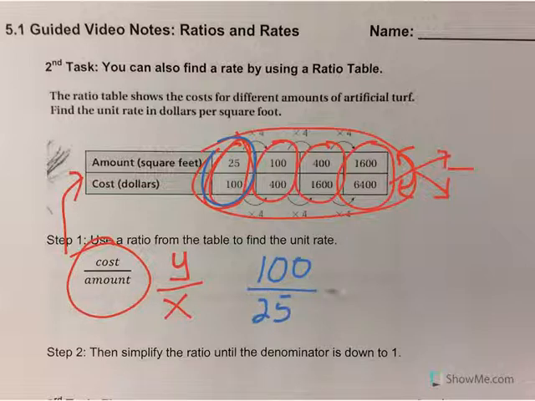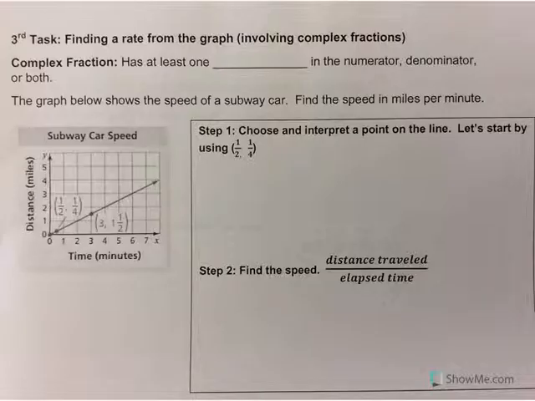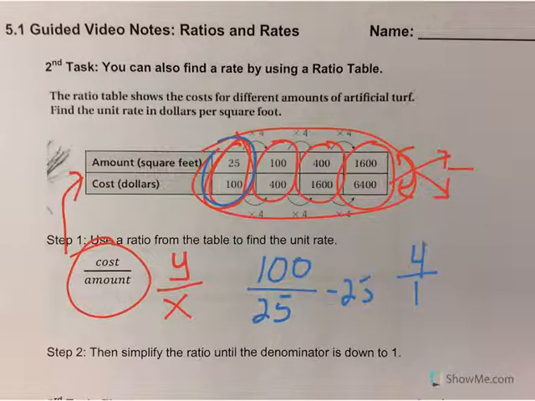And then again, we would divide to get the bottom number to be 1. So we divide them both by 25, and we would get 4 over 1. And then we would write it out with all the proper labeling. So we would write $4 per square foot.